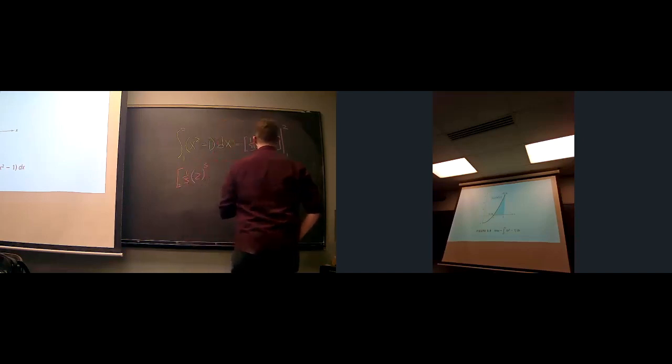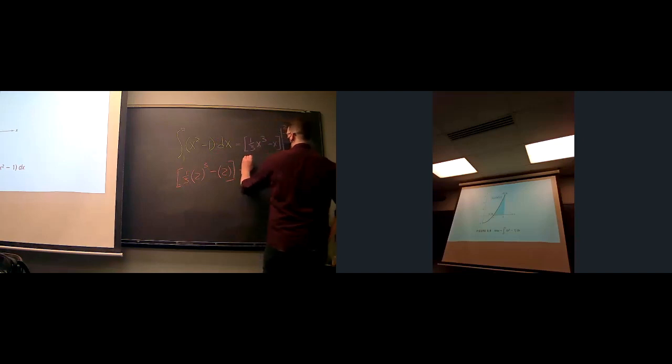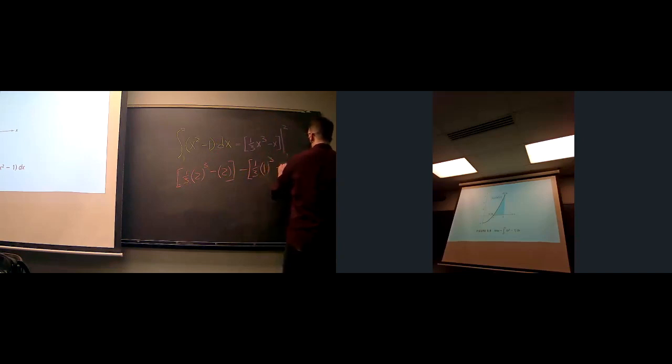So solving it now, we're going to get 1 over 3 evaluated at 2 cubed, right? Minus 2. This thing minus 1 over 3 x cubed evaluated at 1 minus 1.